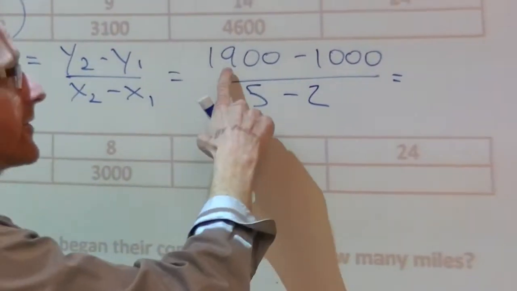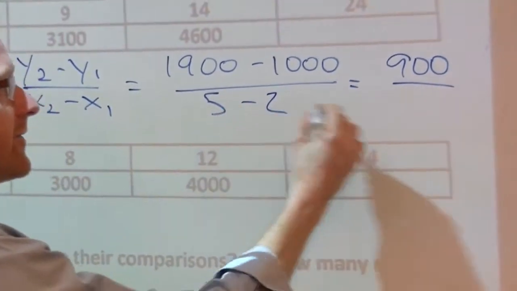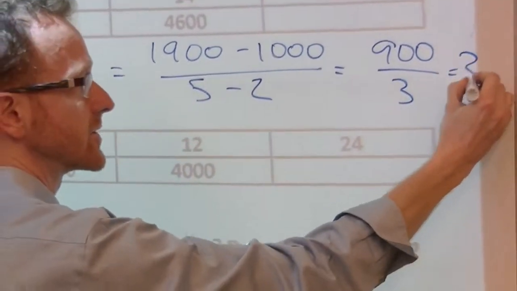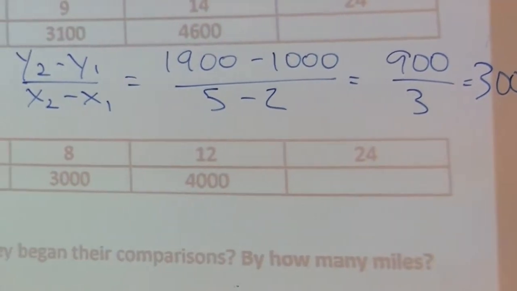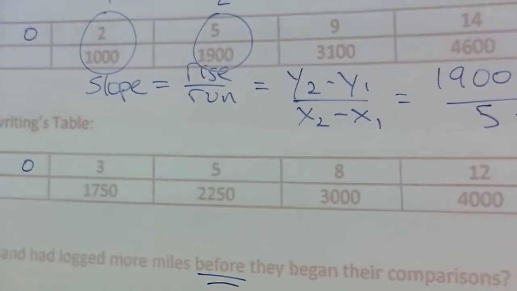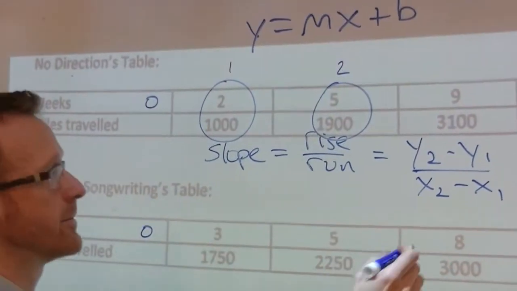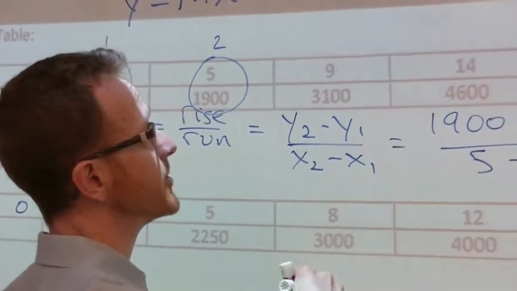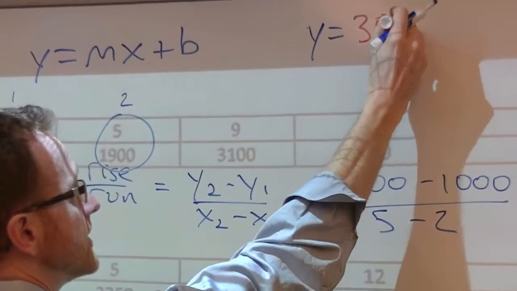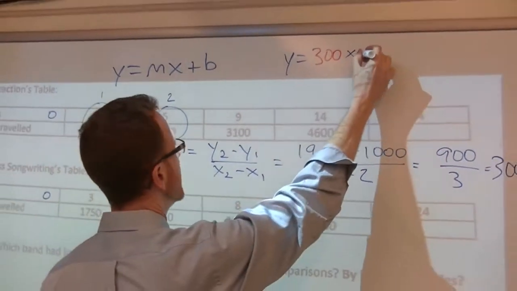So now I have 1,900 minus 1,000 is 900, and 5 minus 2 is 3. So it appears that the rate of change, or the slope, is 300. So I now know that in my equation y equals mx plus b, I can put 300 in for No Direction's rate of change.